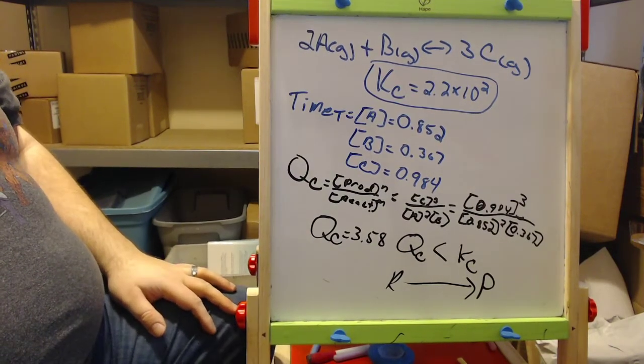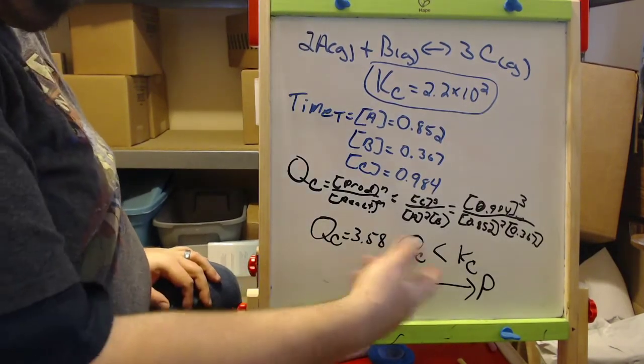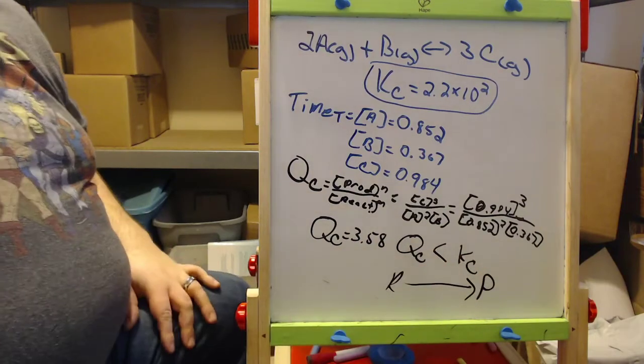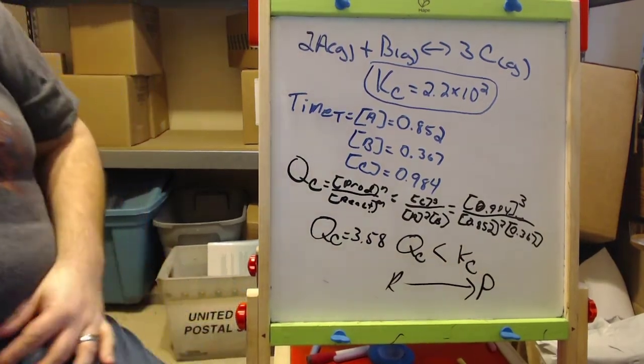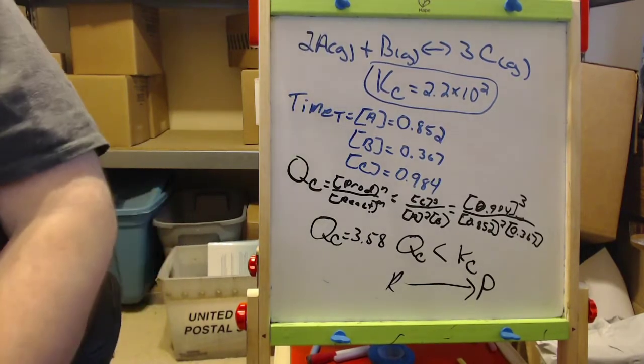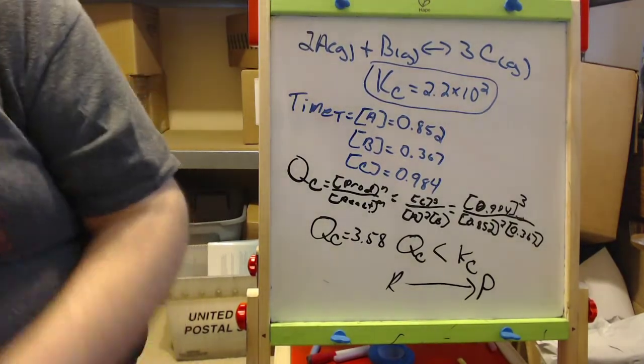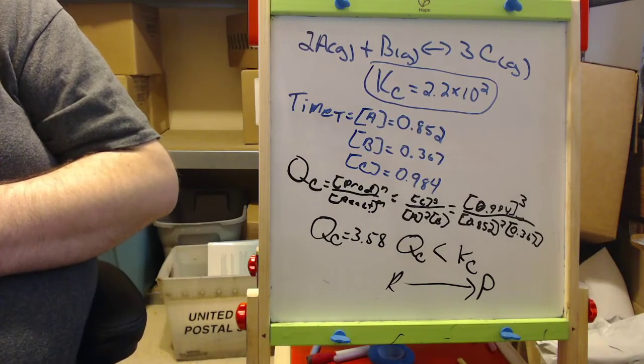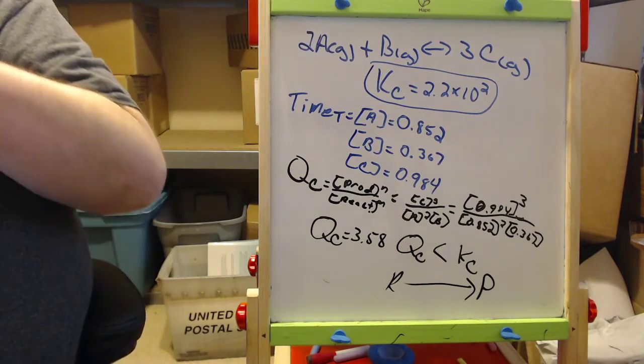So I must be moving to turn over these reactants into products. And that's what our Qc is used for. It's calculated the same exact way as Kc, except Kc is specifically at equilibrium.